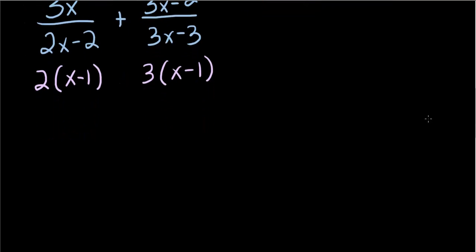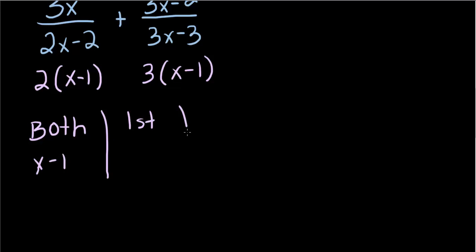And then I'm going to work on a table. I'm going to write, okay, both of my terms have an x minus 1. So I'm going to write it here, x minus 1. Now the first term, on top of the x minus 1, it has a 2. So I'm going to write it here.